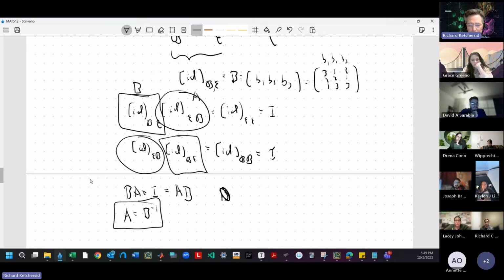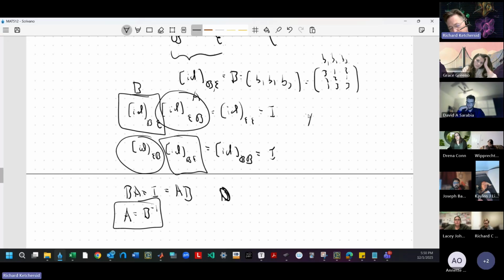Now there's a little bit to say here too. Is there always just one inverse? This is a theorem in your book from this week: the inverse is always unique. So once I have something that looks like an inverse and acts like an inverse, it really is the inverse. The proof was easy.